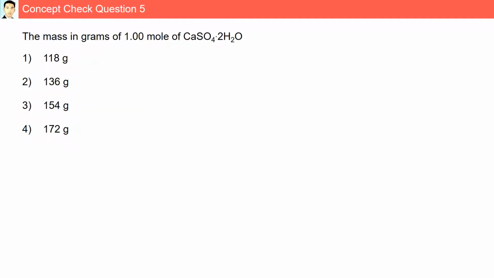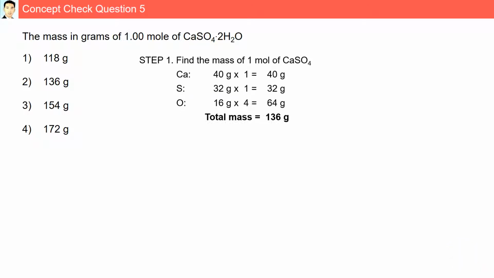Question 5. The mass in grams of 1 mole of CaSO4·2H2O, calcium sulfate dihydrate. The first step to solve this problem is to identify the molar mass for all of our elements and add it up.